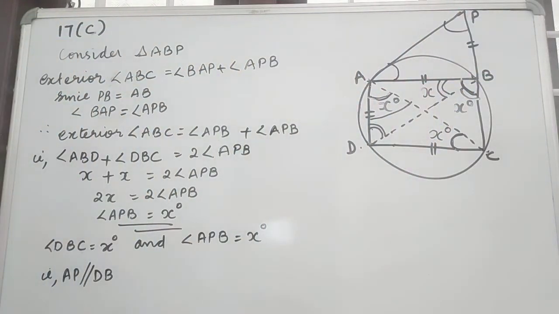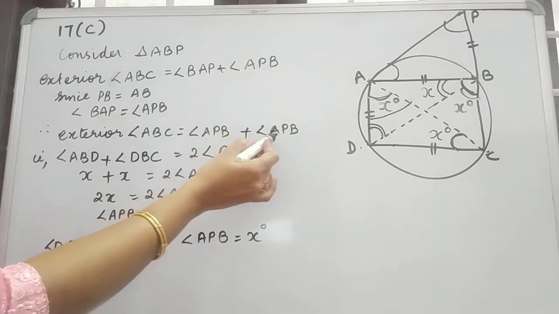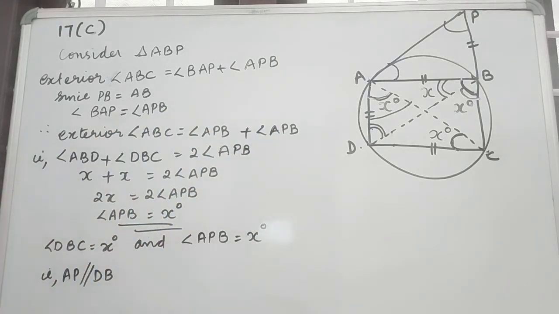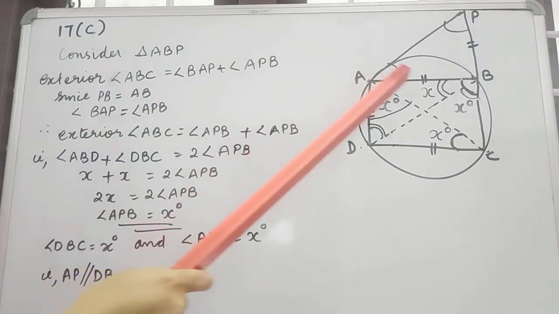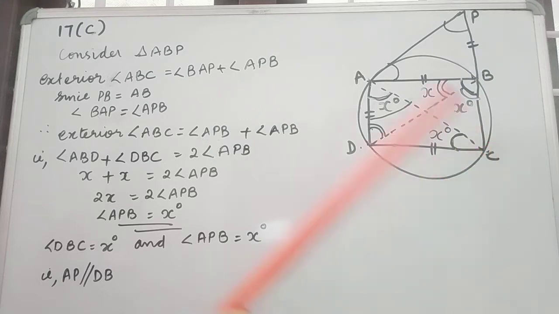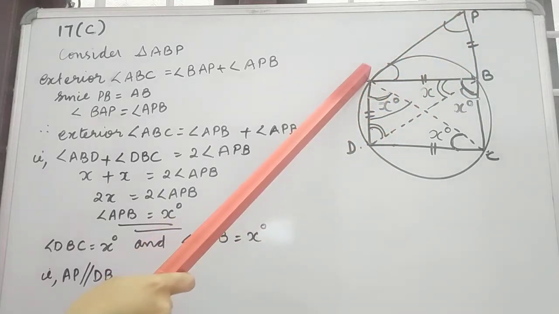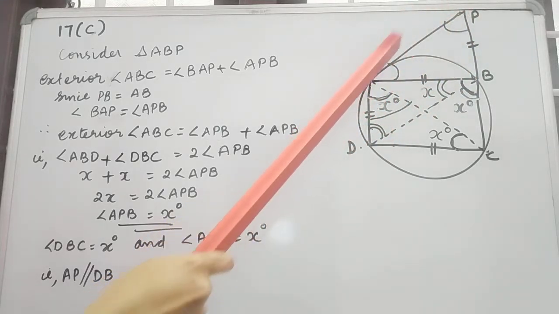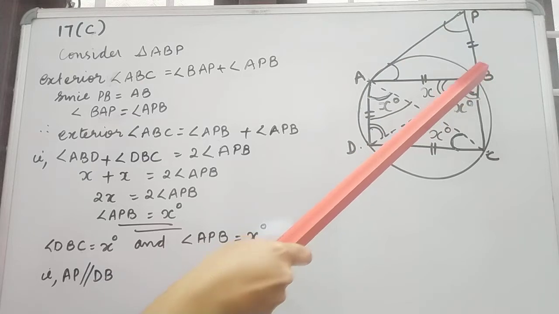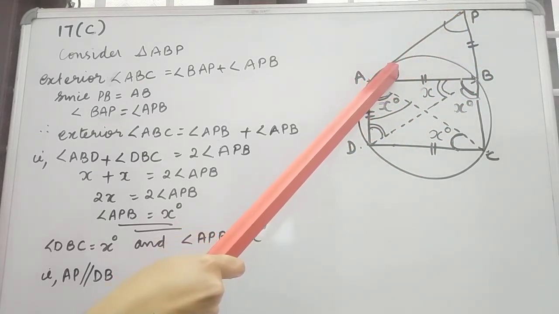So exterior angle ABC is equal to angle BAP plus angle APB. That is, the exterior angle is equal to the sum of the opposite interior angles.